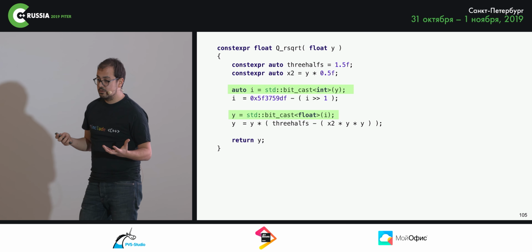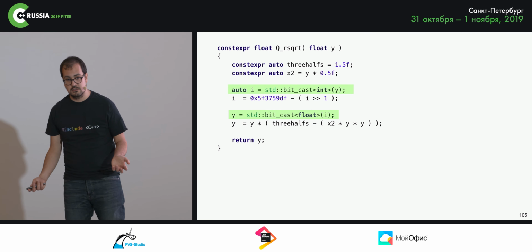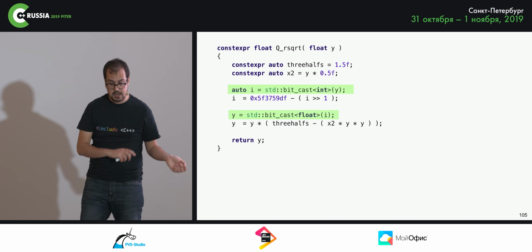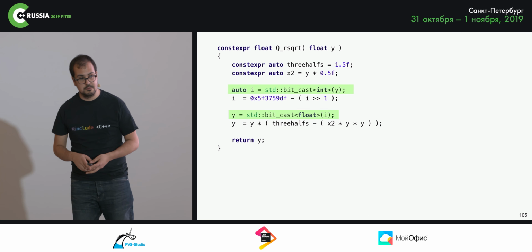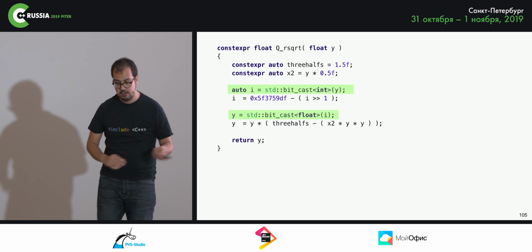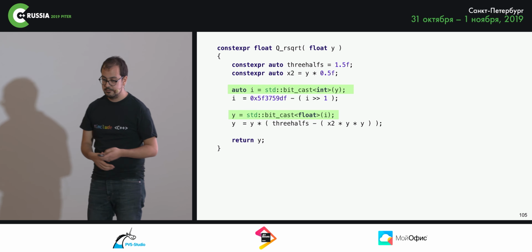And if they are, then you know that in IEEE, every bit pattern corresponds to a valid float. Some of them will be NaNs, some of them will be signaling NaNs, so you might get a floating point exception, but at least it's defined behavior, it's not UB. So any bit pattern that you can have there corresponds to some kind of value of float.